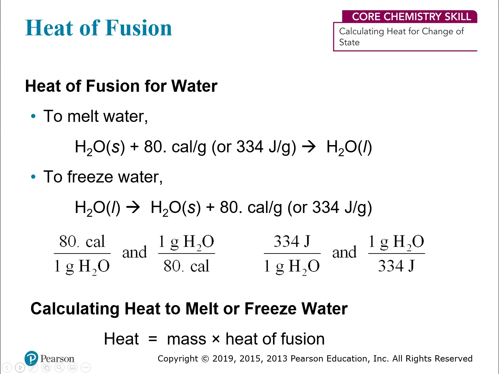To melt water, you need 80 calories per gram, or 334 joules per gram, to go from a solid to liquid. If you want to freeze water, that much energy will be released.